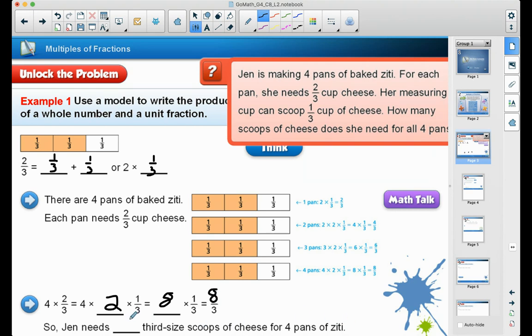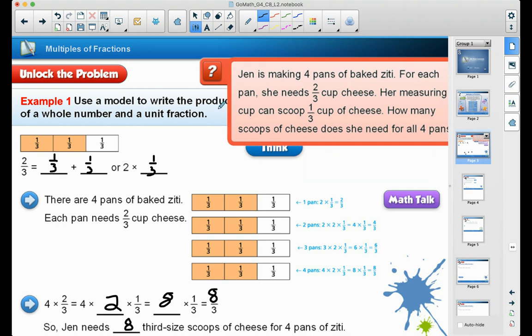So Jen needs 8/3 scoops of cheese for 4 pans of ziti. Okay, this is a little bit complicated here.